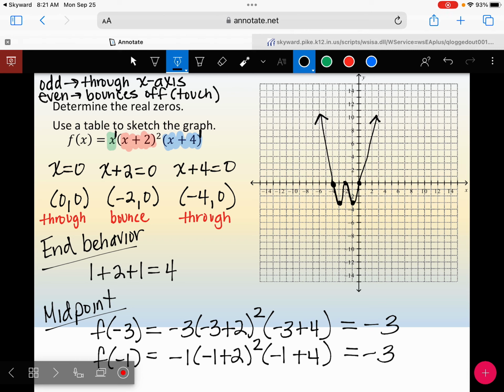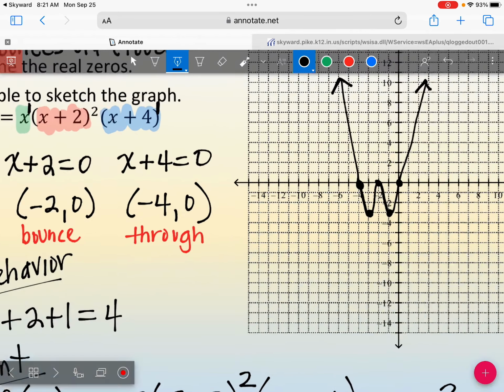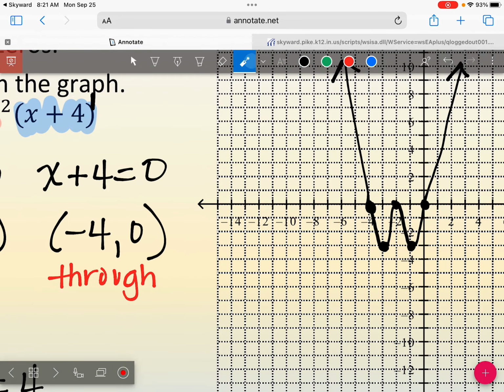Okay, so let's go back to what we started off with: through, bounce, through. If you look at the 0, 0, do you see how the graph is behaving? At the 0, 0, because the multiplicity is 1, the graph is going through the x-axis. But when it gets to -2, it doesn't go through it. It touches it, makes a U-turn, and comes back down, and at -4 it goes through.